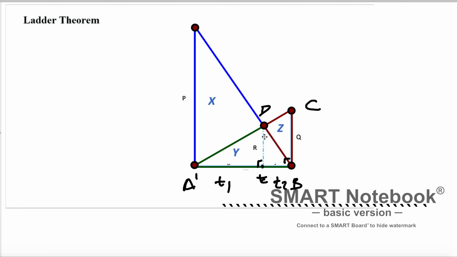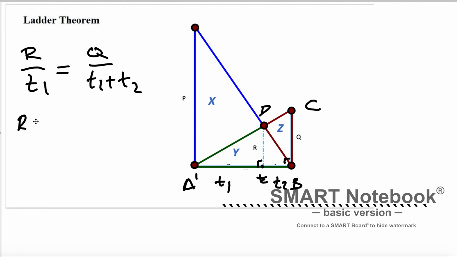The proportion of the sides of the triangle: r divided by t1 is equal to this side q divided by t1 plus t2. Now if we multiply with the cross product, r times (t1 plus t2) is going to be equal to q times t1.